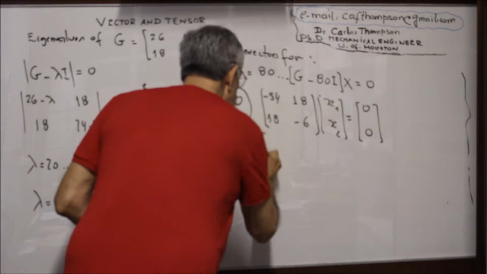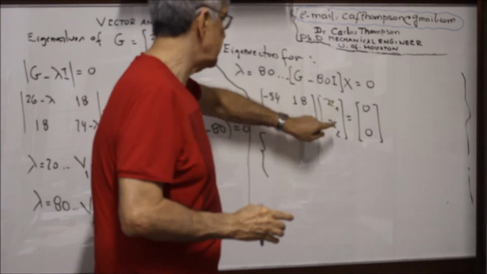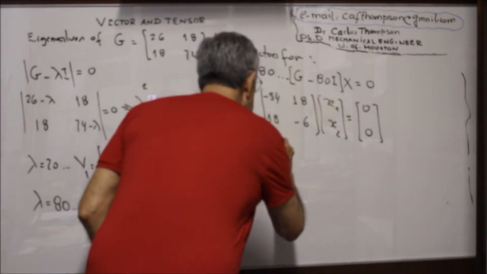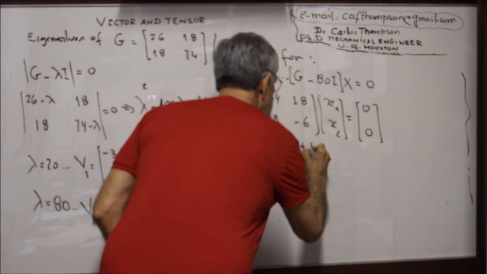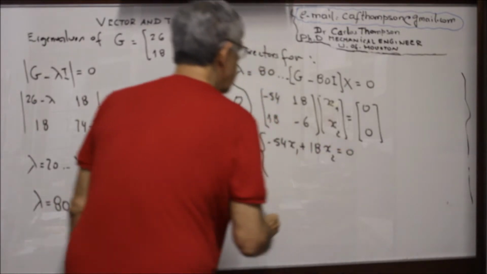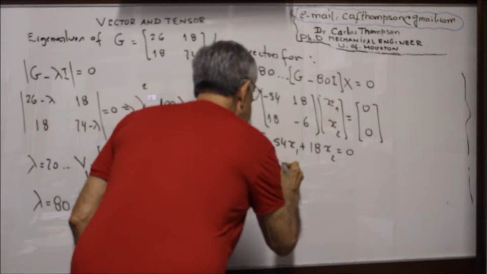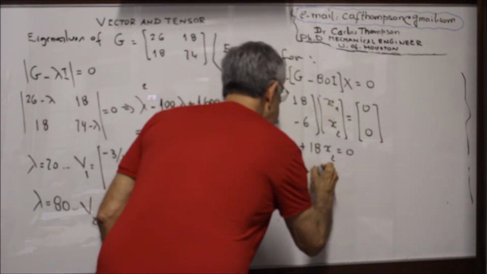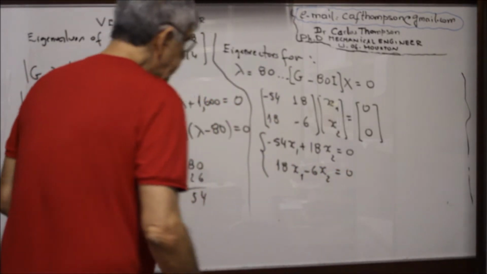So, let's solve. This is a homogeneous system, because the right-hand side is 0. So I have minus 54x1 plus 18x2 is equal to 0. And here we have 18x1 minus 6x2 is also equal to 0.